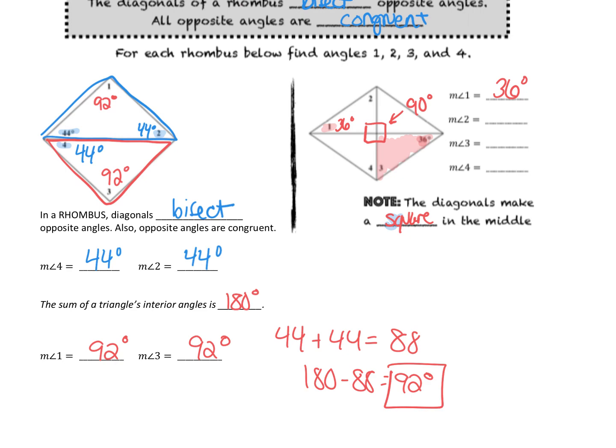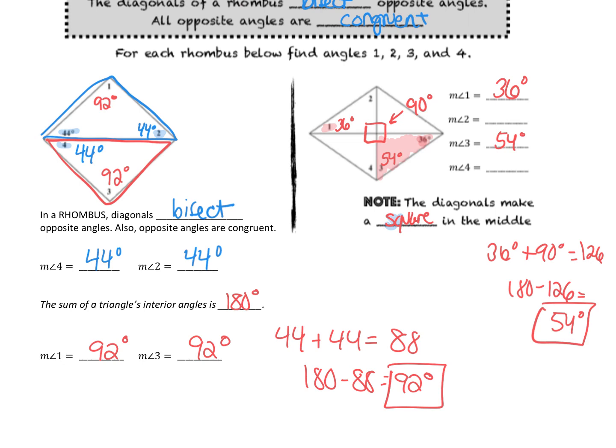So I'm going to do 36 degrees plus 90 degrees, which is 126. And I'm going to subtract that from 180 because all angles in a triangle add up to be 180. So I know that that is 54 degrees. So the measure of angle 3 is 54 degrees.